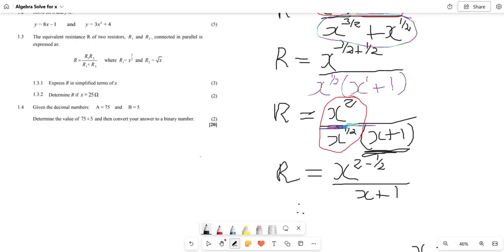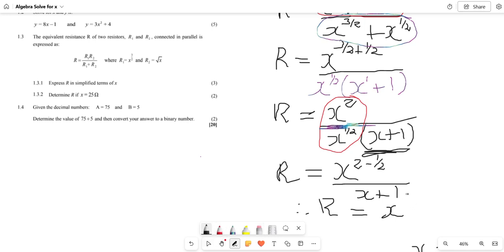Then therefore, r will be equal to 2 minus 1 over 2. It results to x to the power of 3 all over 2. Sorry about that. Let us write that correctly.